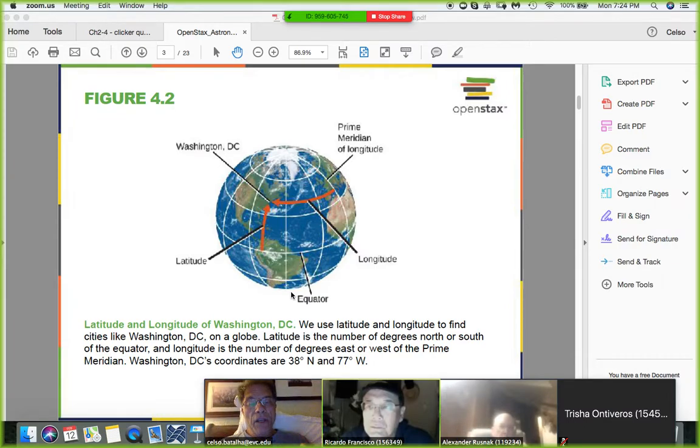The first one is the so-called equatorial system, where the coordinates are given by right ascension and declination. And in the horizon system, the coordinates are given by altitude and azimuth. So let's see how this plays out.